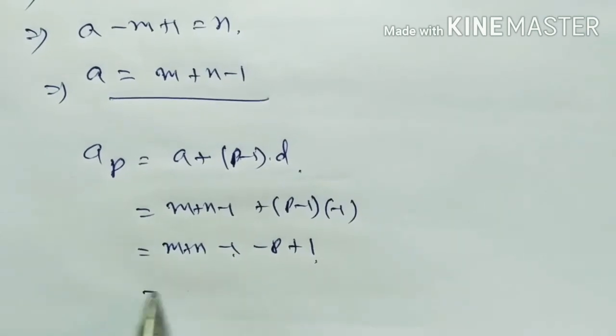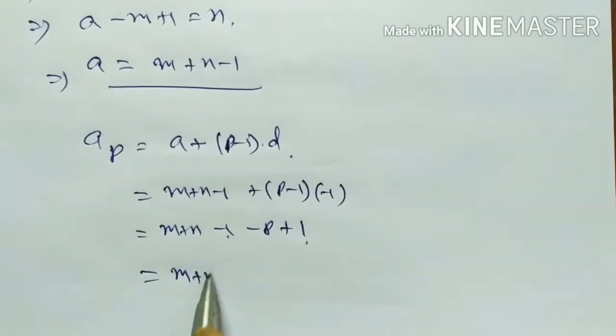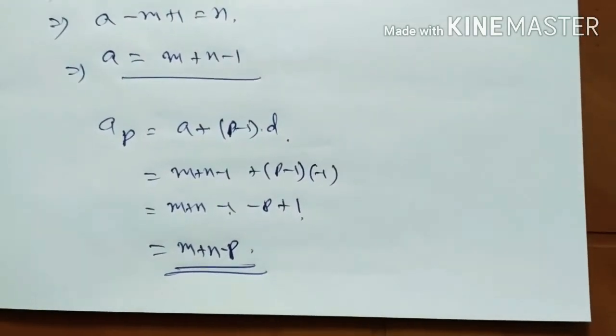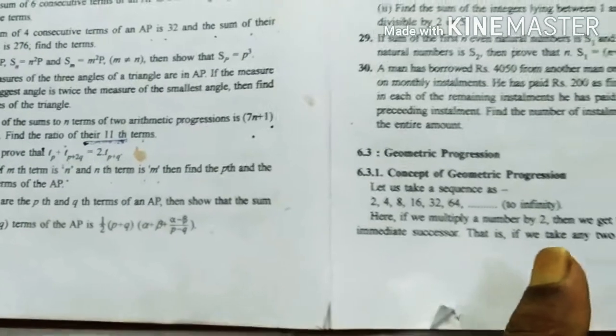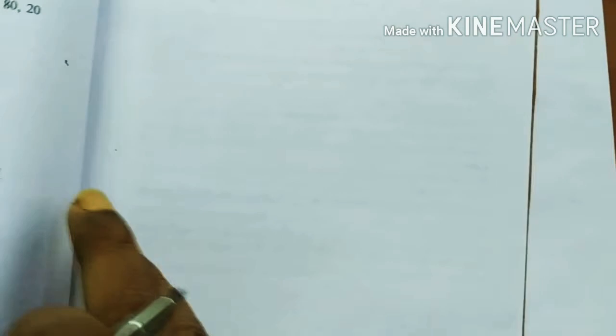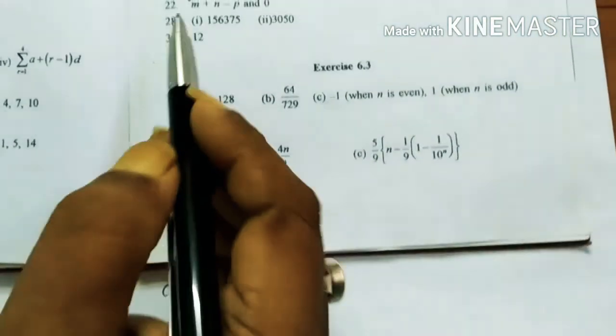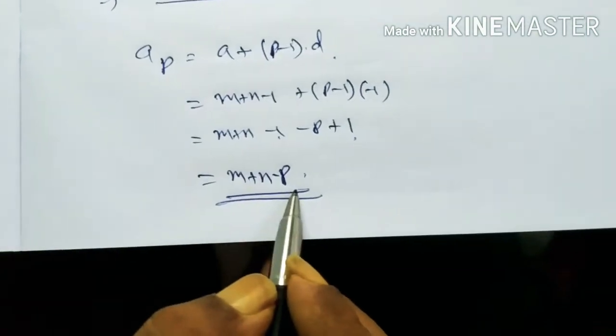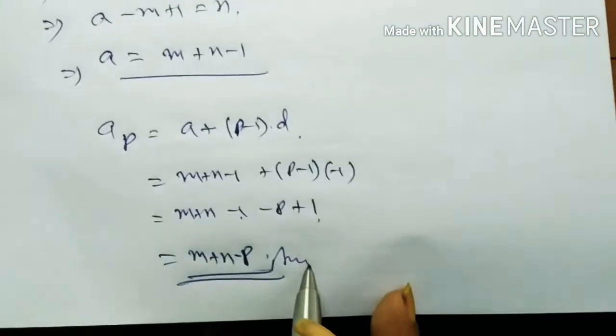Minus 1 plus 1 cancels out. It comes out to m plus n minus p. Now I am going to see the answer in the back of the book. You can see it is m plus n minus p. This is your answer for the pth term.